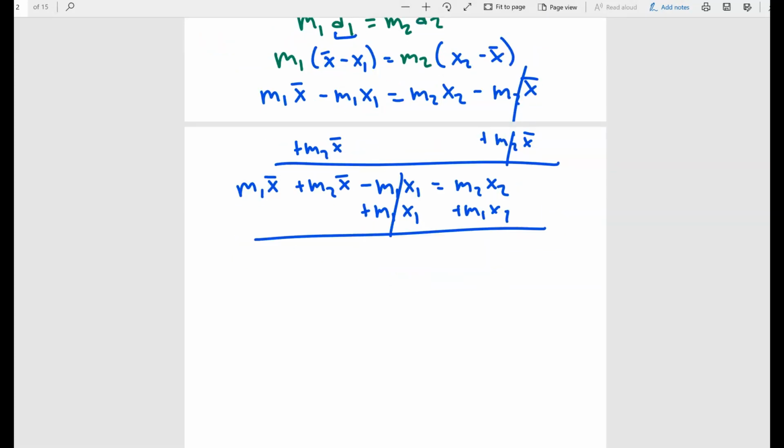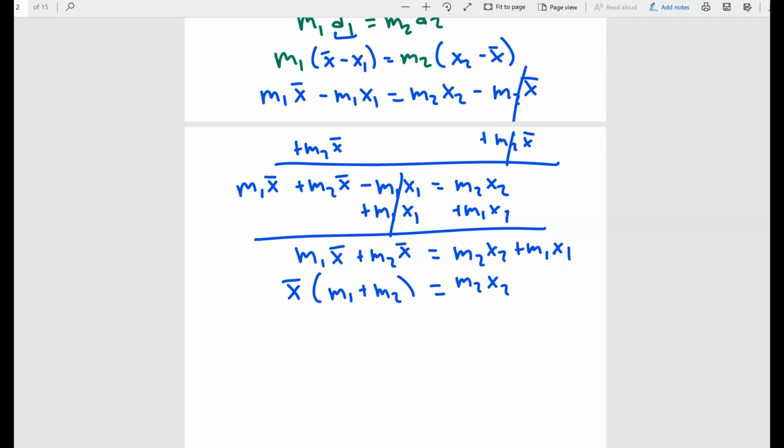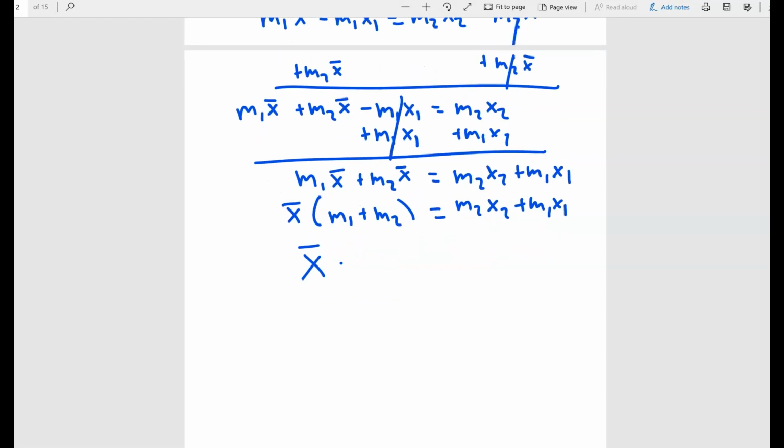So this goes away, and I have mass 1 x bar plus mass 2 x bar is equal to mass 2 x2 plus mass 1 x1. I can factor out this x bar: x bar times (mass 1 plus mass 2) is equal to mass 2 x2 plus mass 1 x1. And then when I divide, I have x bar is equal to (mass 2 x2 plus mass 1 x1) divided by (mass 1 plus mass 2).